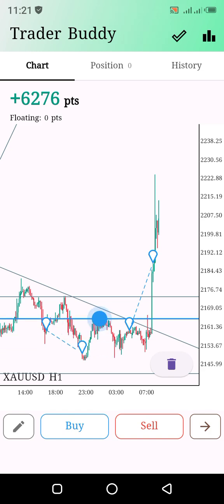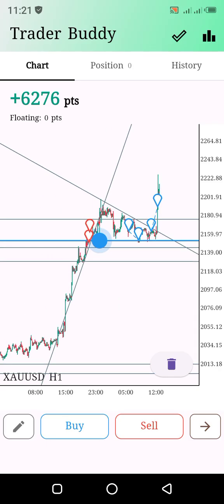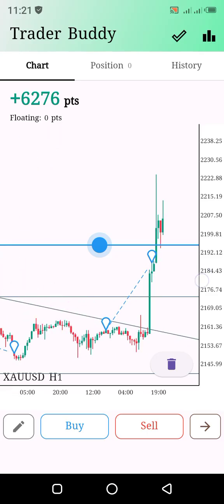So price came, tried to break this low to make a new lower low, but failed. Since the price failed, my stop loss was underneath. I was buying here, okay, and then my TP was going to be at the very top. This was the top that I was looking for price to break and then continue the bullish trend.